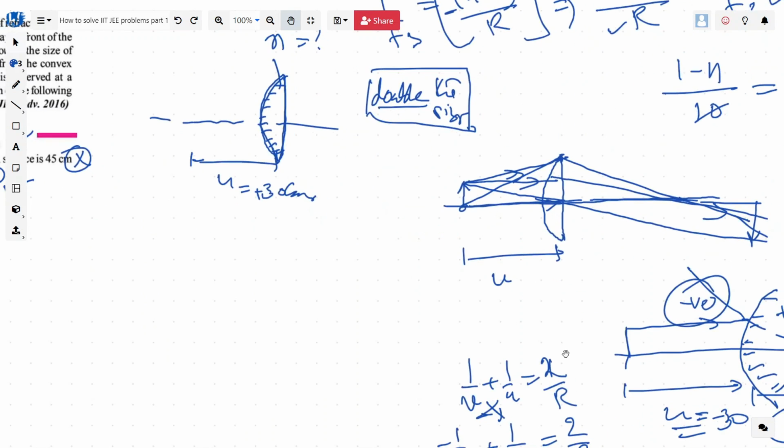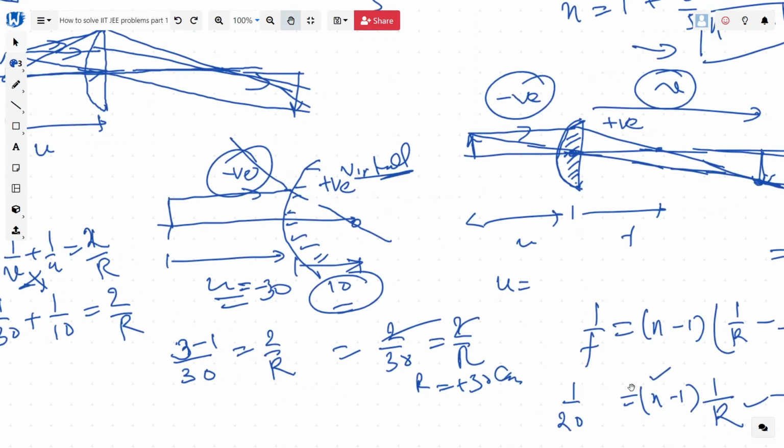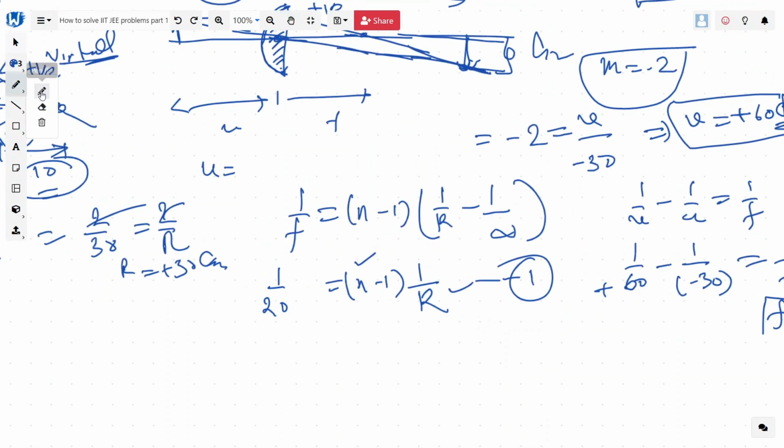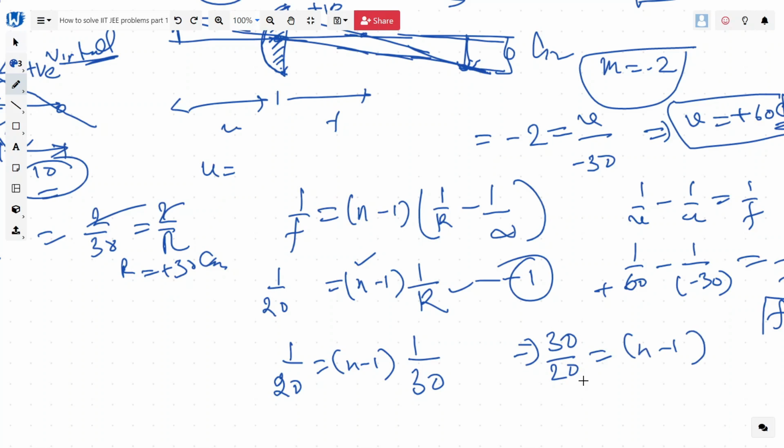So now with this information, we know the R is 30, and we have this formula already written over here, so let's use that to find the refractive index. We have 1 by 20 equals n minus 1 by R, and R is 30 centimeters, so this goes on that side and becomes 30 by 20 equals n minus 1. 30 by 20 is 1.5, and 1.5 plus 1 is 2.5.